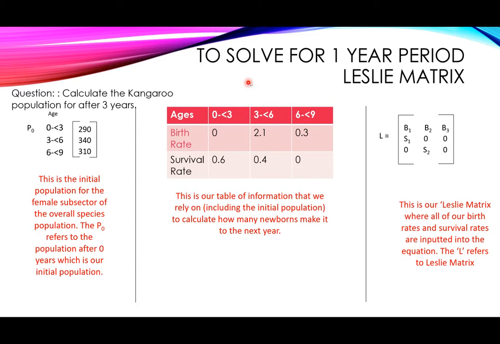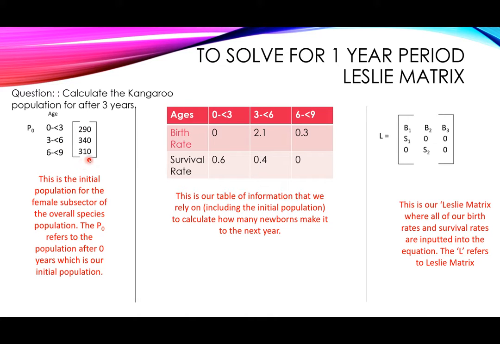Now, what do you have to do to solve for a 1-year period Leslie matrix? Well, I'll give an example question: calculate the kangaroo population after 3 years. So we have our initial population here, our age groups that are here, and then we've got our actual population for each allocated age group.